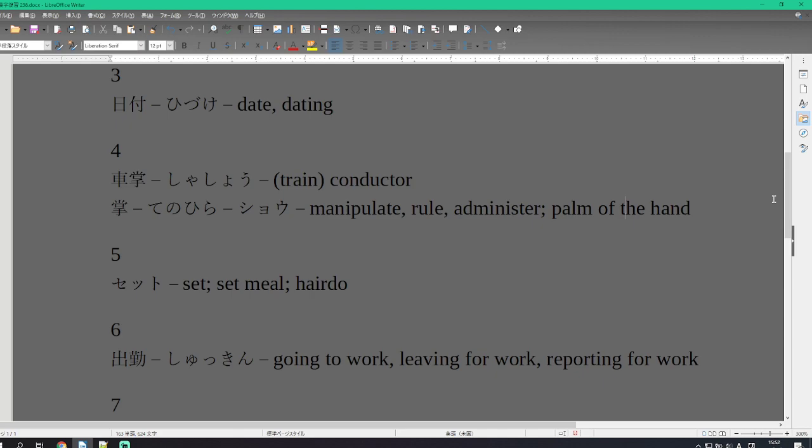Manipulate, rule, or administer is the small roof for saying what the hand gets to tell the mouth.